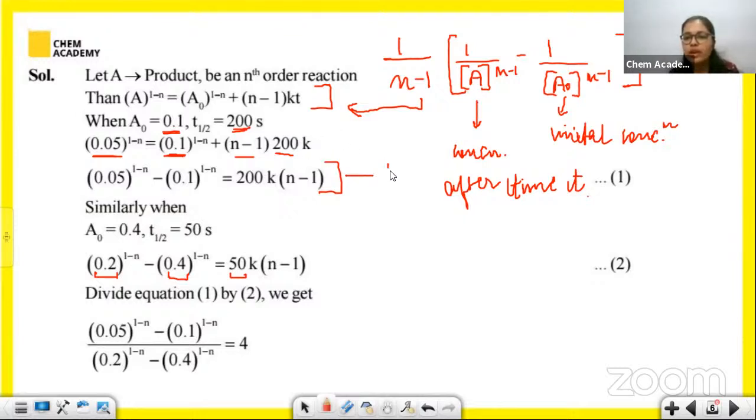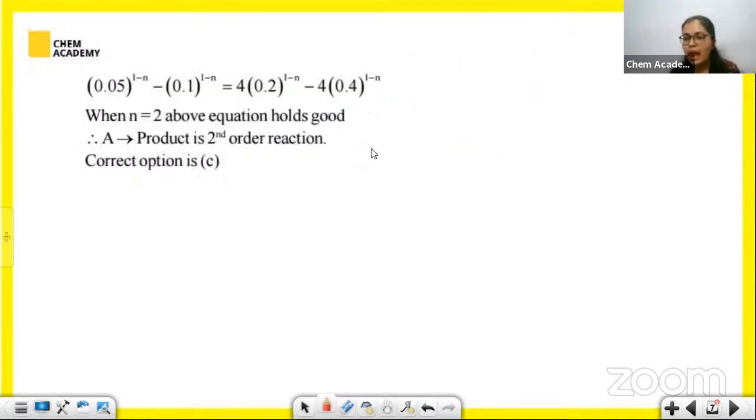This is equation 1 and this is equation 2. So on dividing these two equations, we will get 4. And on solving these equations, n equals 2 will satisfy this equation. Thus, we can say that this is a second order reaction.